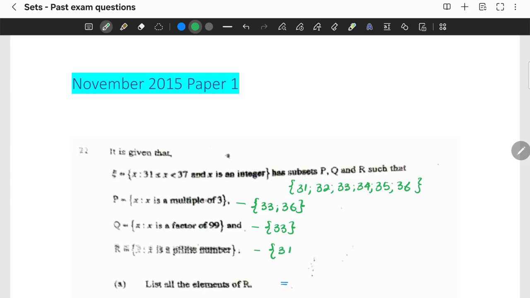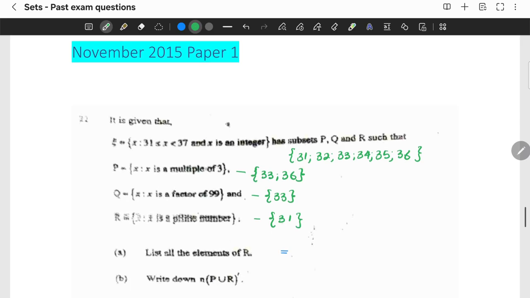In this case, that's going to be 31, because 32 is divisible by 2, 33 is divisible by 3, 34 is divisible by 2, 35 is divisible by 5, 36 is divisible by 2, and other factors. So only 31 is a prime number. So R, going back to the question, only has 31.